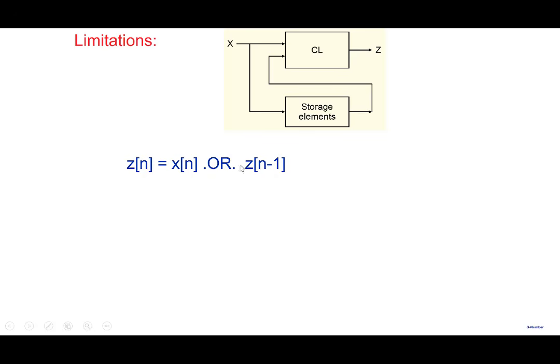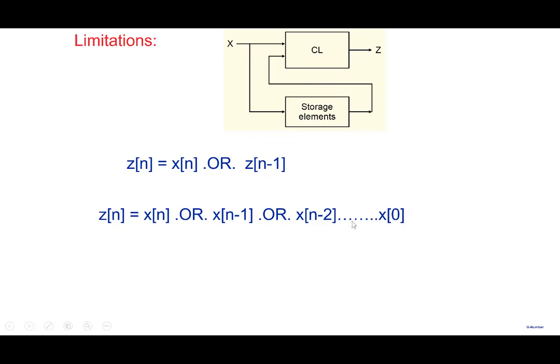Now, we can obviously see that if we are storing only the past values of X, then what we'll have to do is we have to write Zn minus 1 as Xn minus 1 ORed with Zn minus 2, and we can expand this. And we can see then that if we are storing only past values of X, then obviously, if there's a continuous coming data stream, then we'll need to store all the past values of X that are there here.